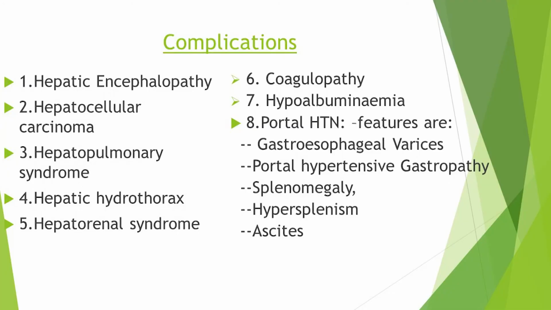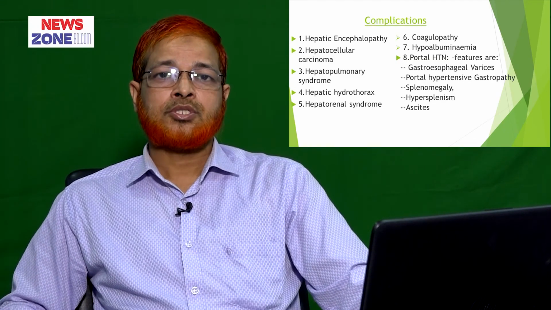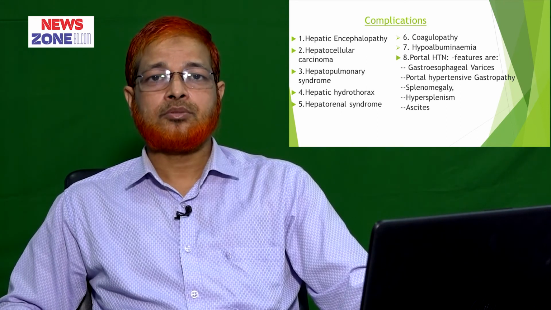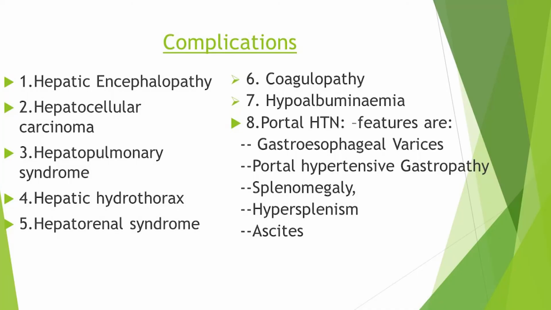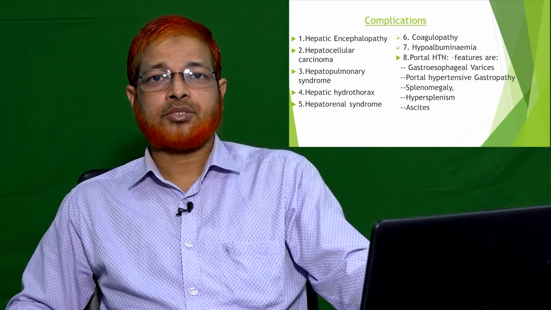Now, a very important topic: complications of liver cirrhosis. We should know the complications of liver cirrhosis. The most serious one is hepatic encephalopathy. We know the features of hepatic encephalopathy. Next are hepatocellular carcinoma, hepatorenal syndrome, hepatopulmonary syndrome, hepatic hydrothorax, and portal hypertension.